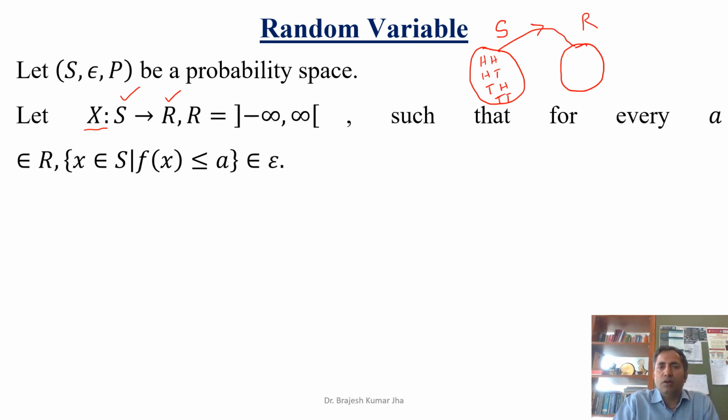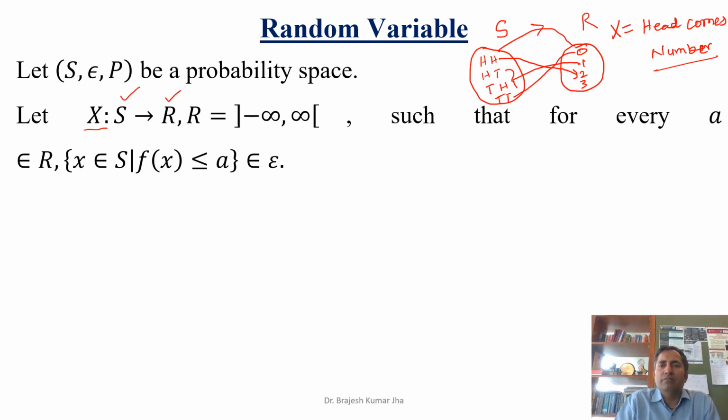Suppose we define X as the number of times head comes. Suppose I write here 0, 1, 2, 3 like that. You can count how many times head comes. Two heads comes here, so it is mapped to 2. In these two conditions, it is mapped to 1, and both tails is mapped to 0.